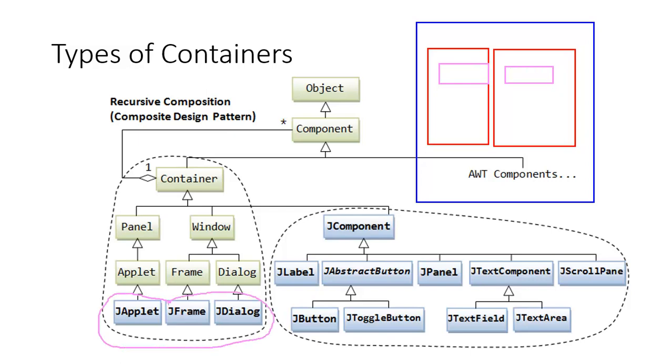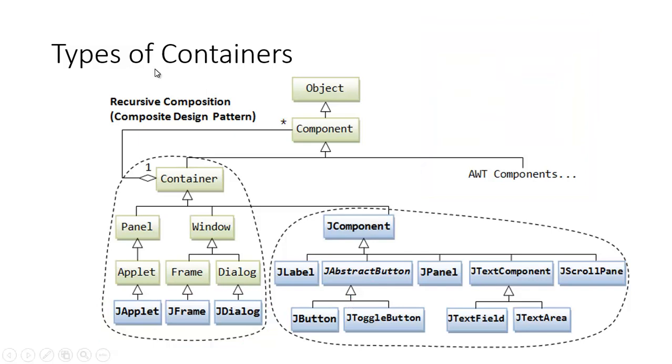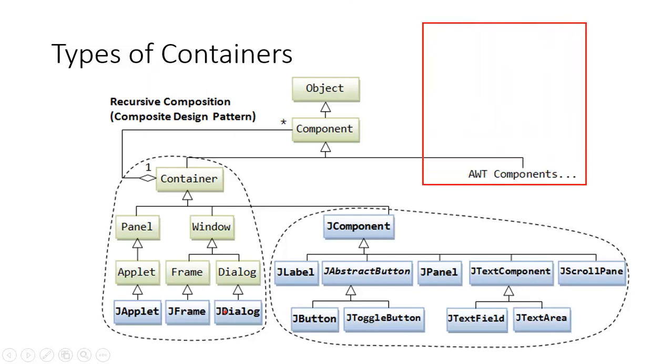That is why they are called top level containers. They can only appear at the top of the hierarchy, not at other places. However, suppose you create a JFrame, let me remind you, JFrame is the top level container.